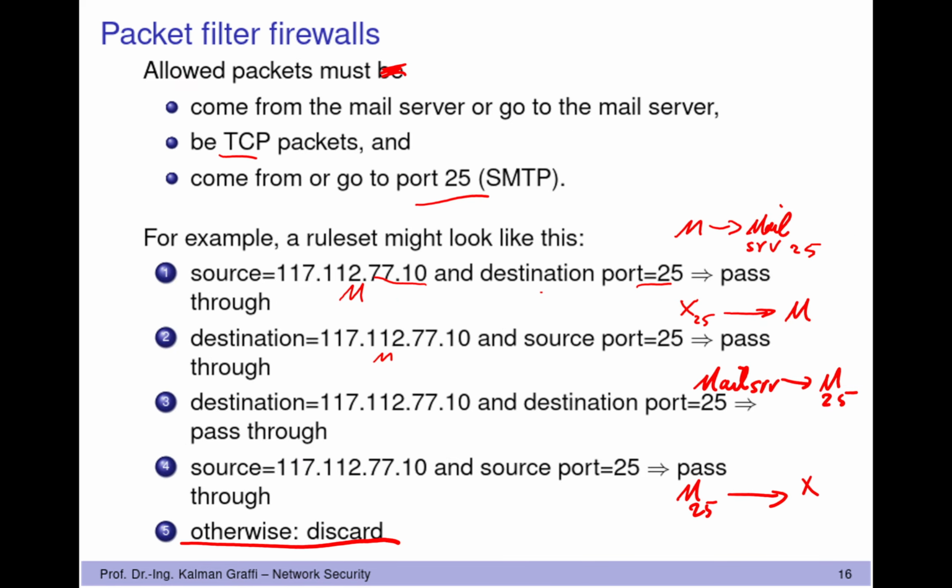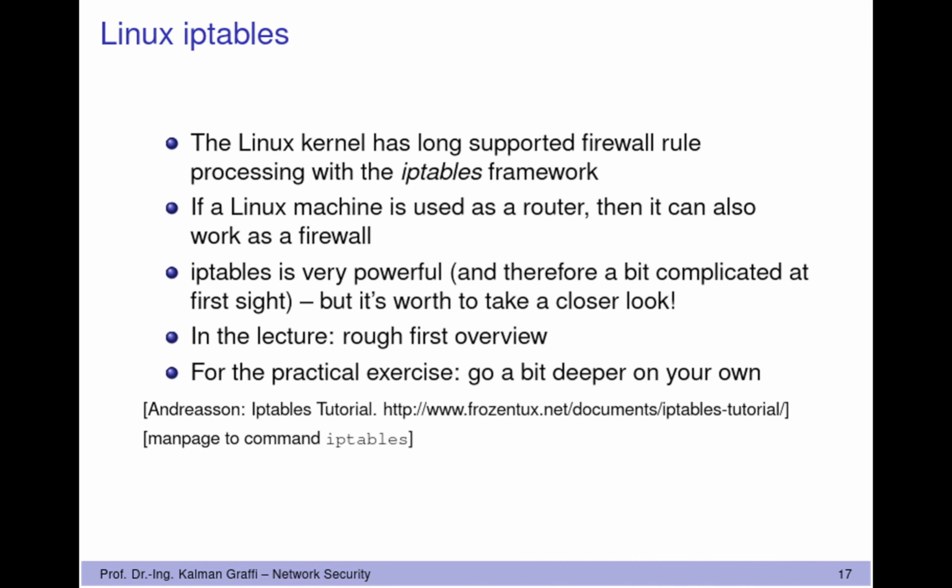Okay, so let's see how this is realized. Typically one example is in Linux, where you have a kernel at the very low network processing layer, considering iptables as a kind of rule set to decide whether a message should be passed or not.